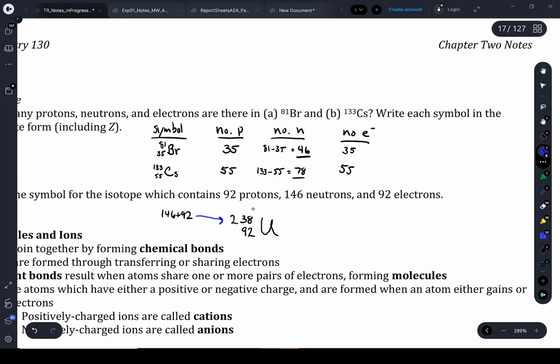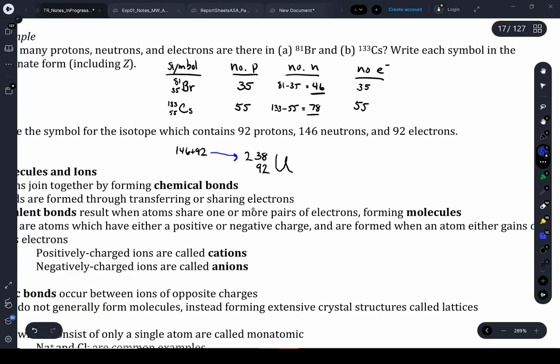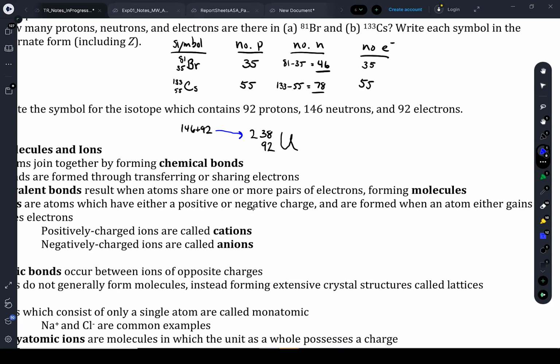So that's where we got 238. And if you were reading it aloud, you would call that uranium-238. Okay. Any questions about that? No? Are we all confident on that? Great.